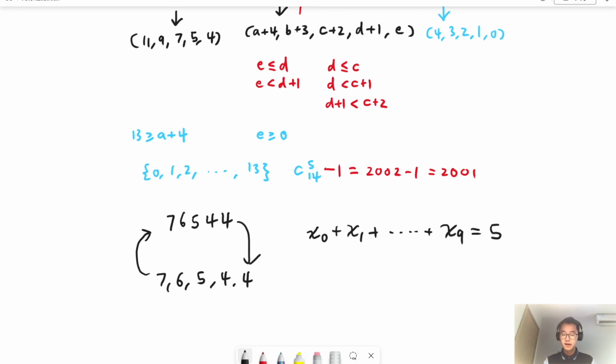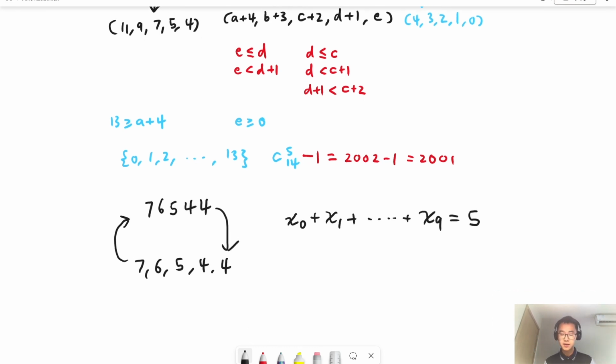Where x0 represents the number of zeros you're going to use, x1 is going to represent the number of ones you're going to use, x9 is going to represent the number of nines you're going to use, and of course each of the 10 variables here takes an integer value and is greater than or equal to 0. There's a very neat way to calculate the total number of solutions. It's known as the stars and bars method.